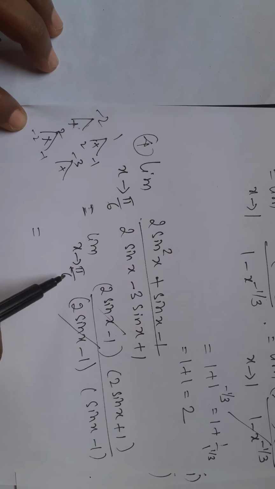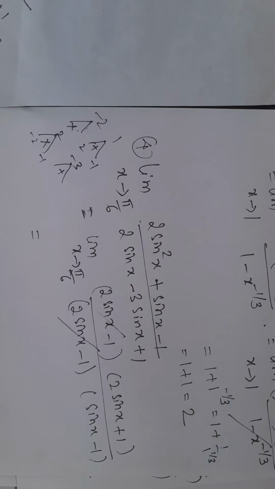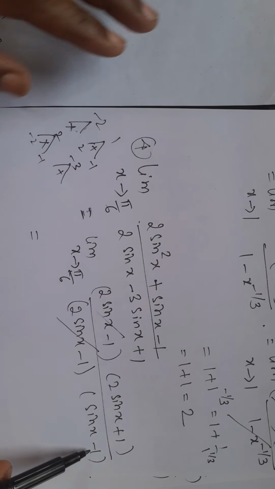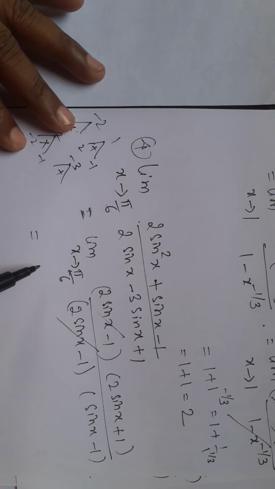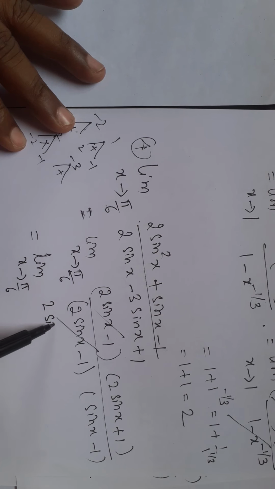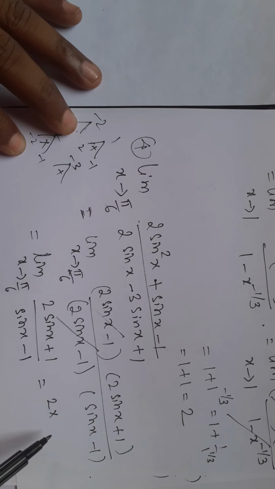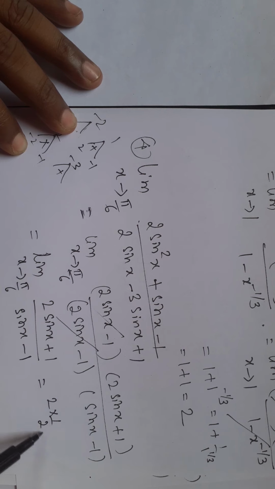Let's approach x tends to pi by 6. We are left with 2 sine x plus 1 divided by sine x minus 1. Once I write it, it will be clear. X tends to pi by 6, 2 sine x plus 1 divided by sine x minus 1. 2 into sine pi by 6, how much? 1 by 2, plus 1.